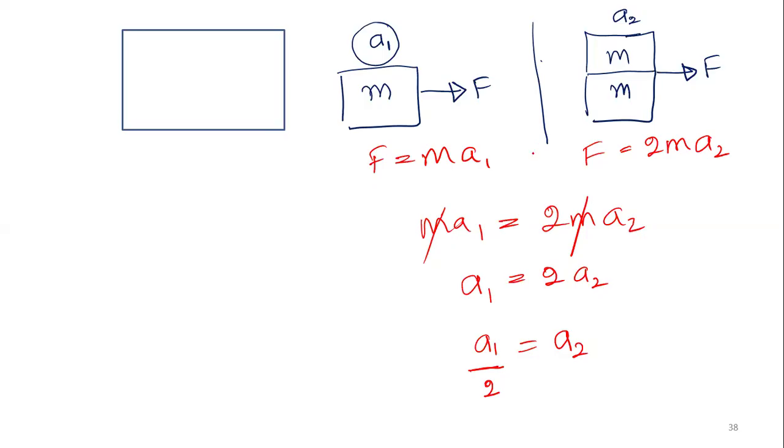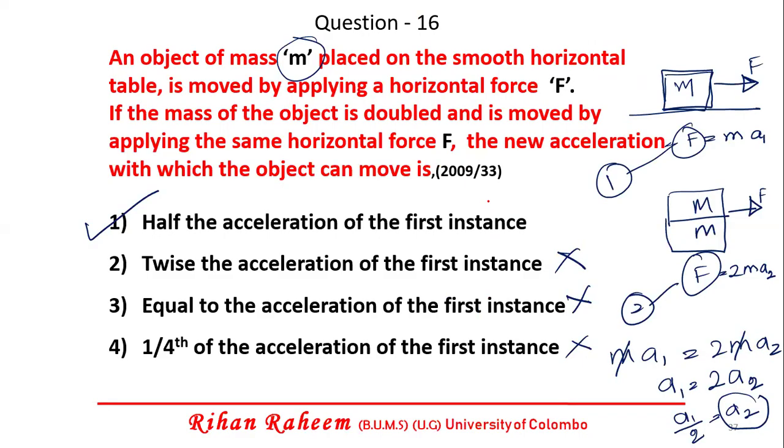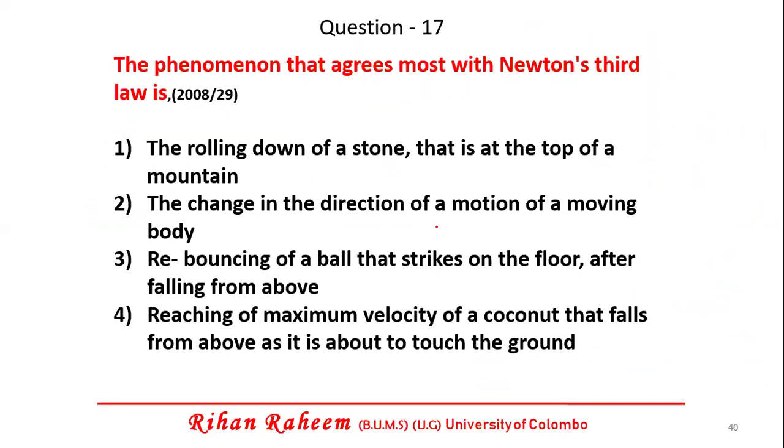The ones who are good in maths, you all can use this method to prove it. Yes, so first one is the answer. The new acceleration is half the acceleration of the first instance. Hope you all are clear about it.